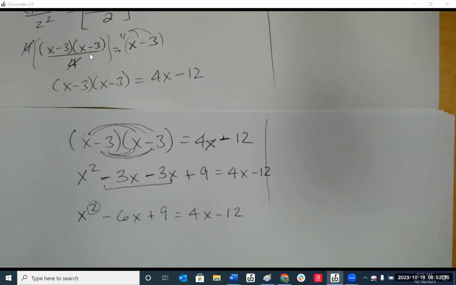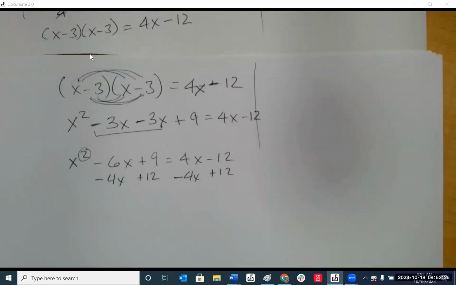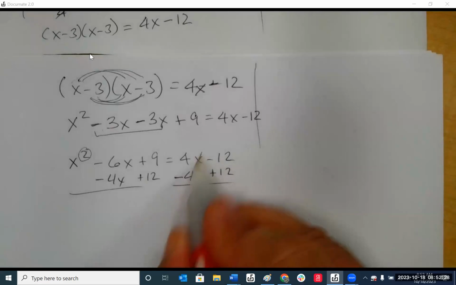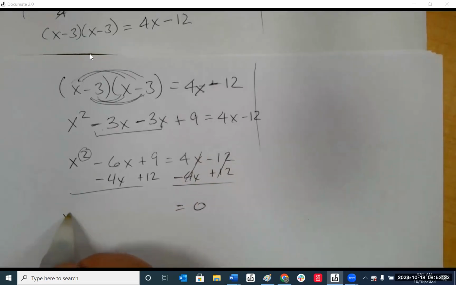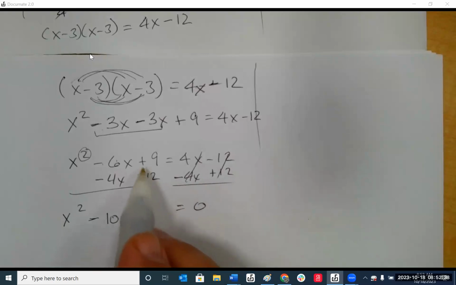So everything has to go over to one side. I subtract 4x from both sides, and I add 12. It has to be equal to 0. They're both negative. 6 plus 4 is 10. They're both positive. 12 plus 9 is 21.